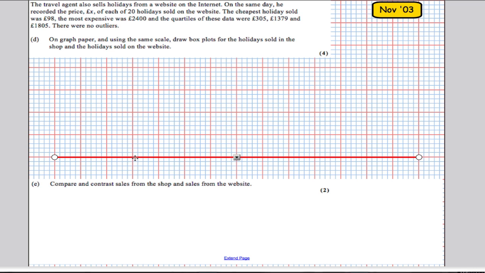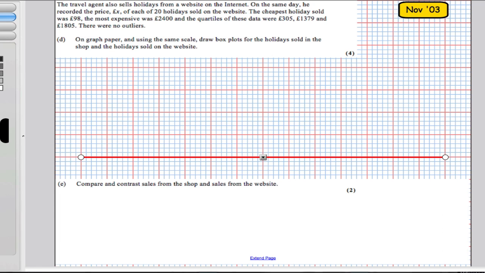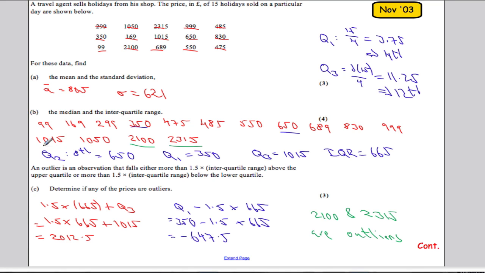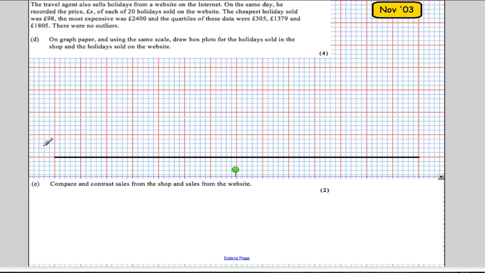Let's change the color of this so that it's a little bit easier to see. Okay, the cheapest holiday was £98 on that one, and the cheapest holiday was £99. So maybe could we go up in multiples of 50?